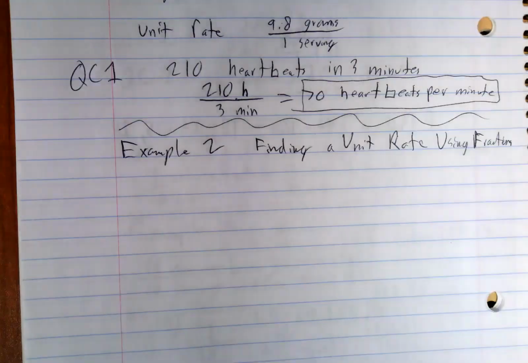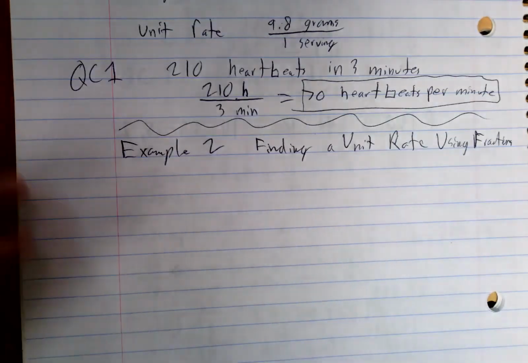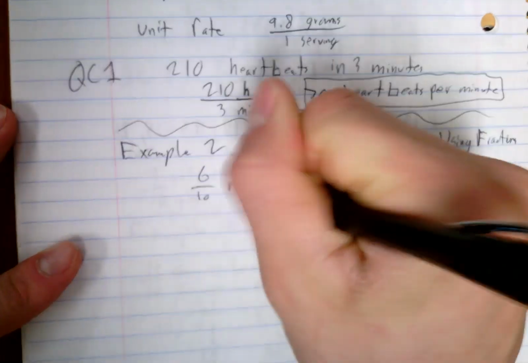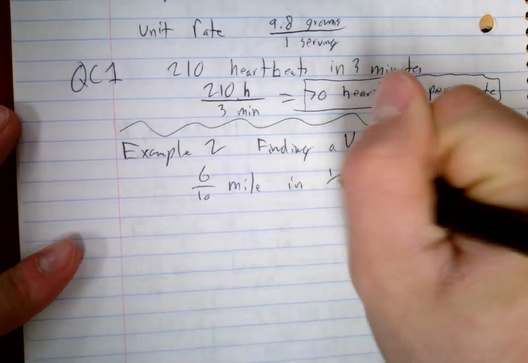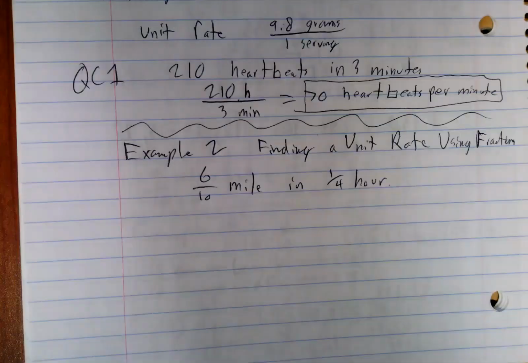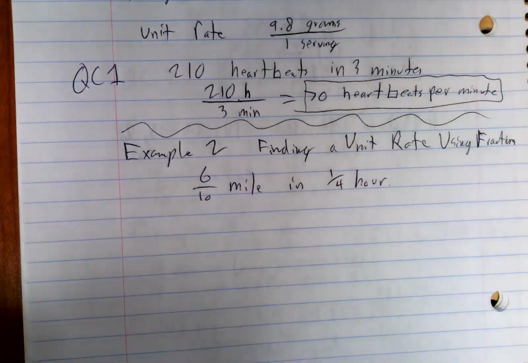It says Cindy walks 6/10 mile in 1/4 hour. What is her speed in miles per hour?